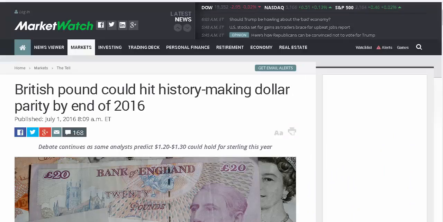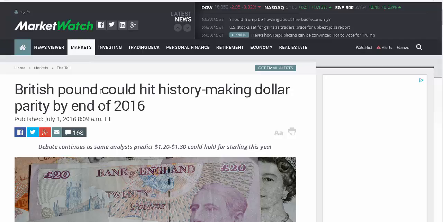In this, they actually talk about targets. So essentially people are predicting 120 to 130. It's more headline grabbing to say pound could hit history making dollar parity by end of 2016.